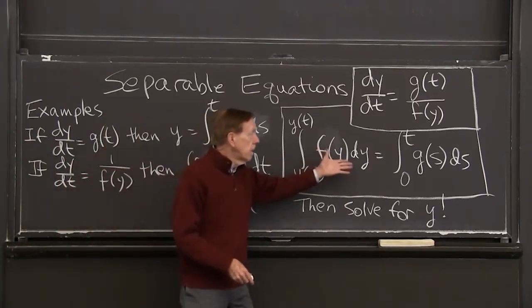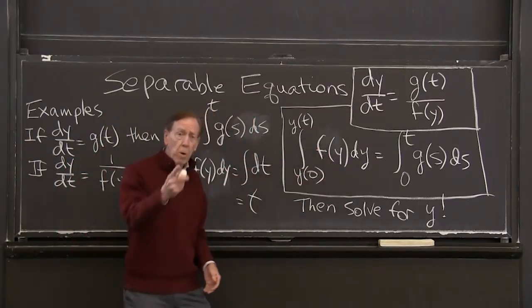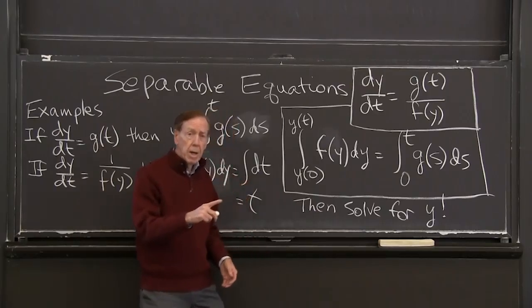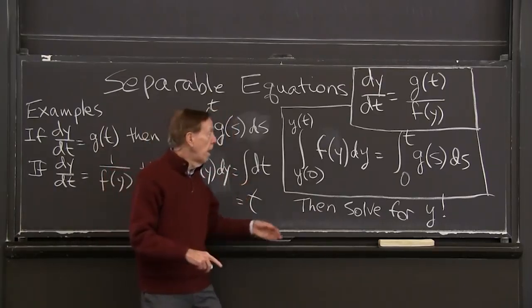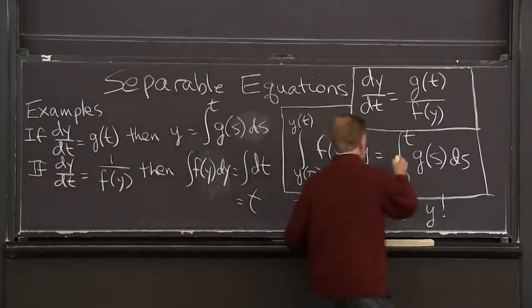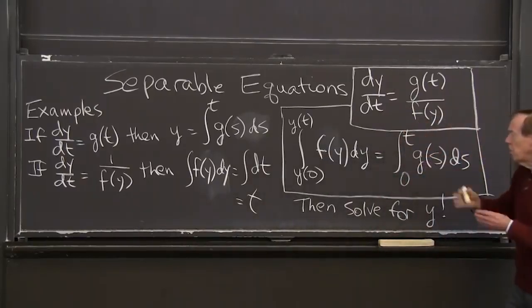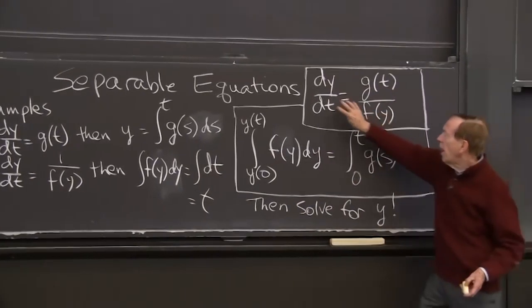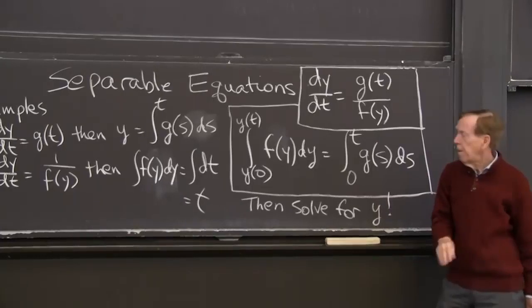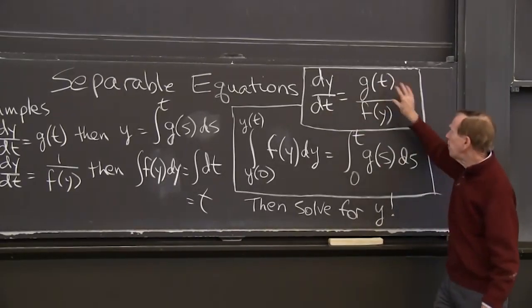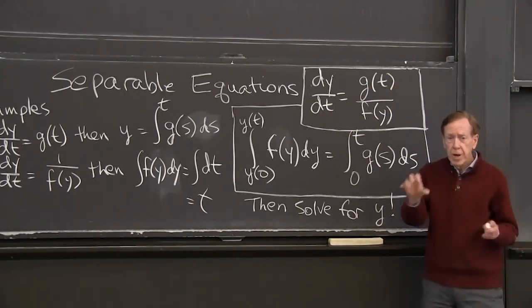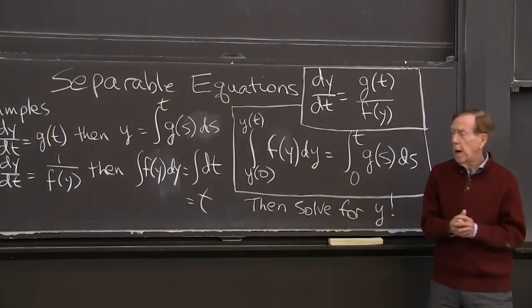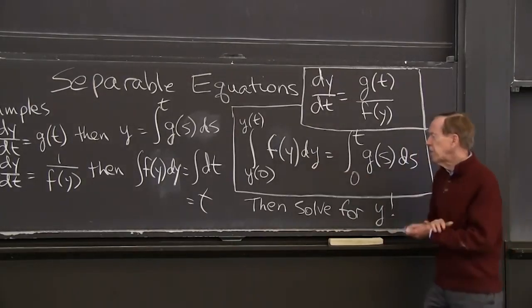But the point is, with y and t separate, we just have integration to do. And here's the case when there's both a g of t and an f of y. Let me just emphasize what's happening here. The f of y, I'm moving up with the dy. The dt, I'm moving up with the g of t dt. So I have g of t dt equals f of y dy, and I integrate both sides.